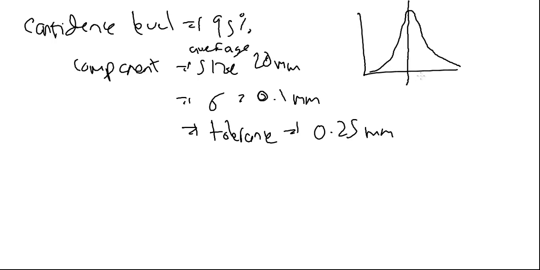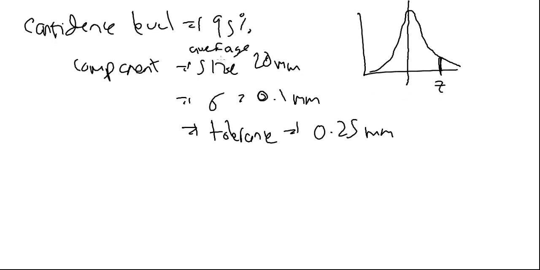So what that allows us to do using the table book is see what's the probability of the component being bigger than Z standard deviations away from the mean.